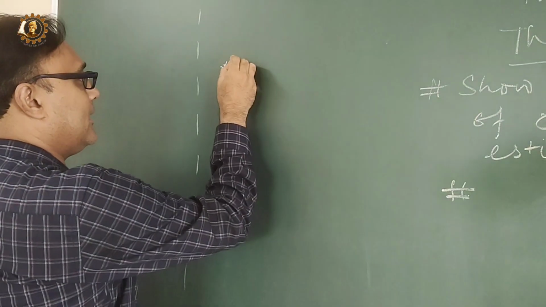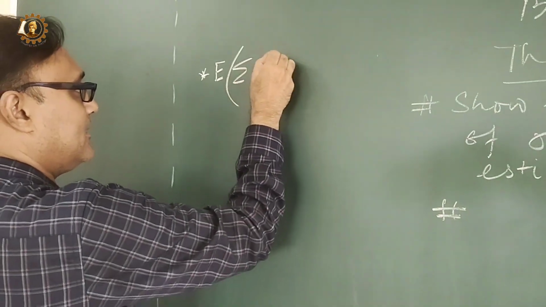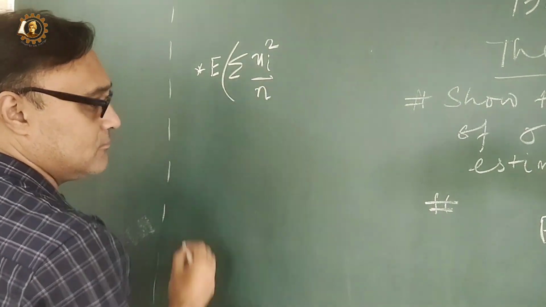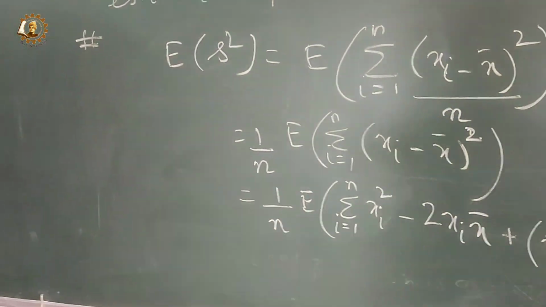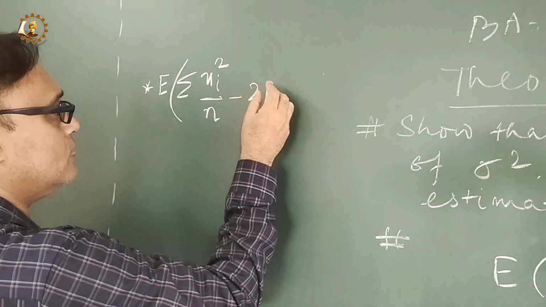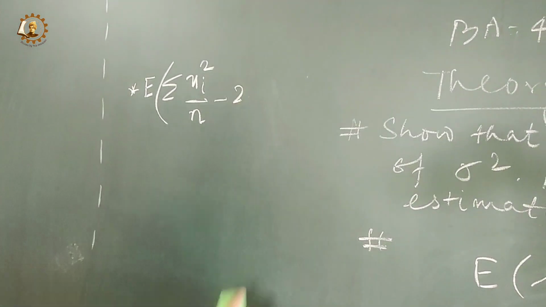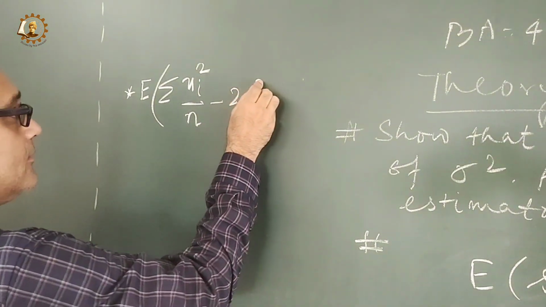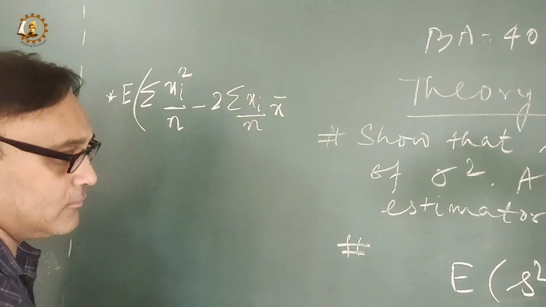So now I can write here E, summation of xi square by n. This 1 by n I am taking inside the bracket. So summation xi square by n minus 2, you can write like this, summation xi by n into x bar.